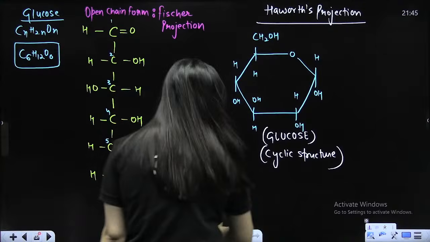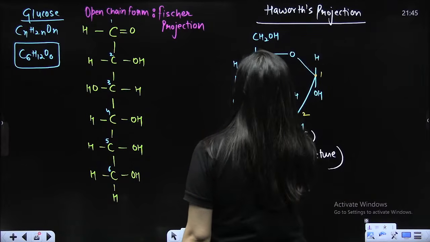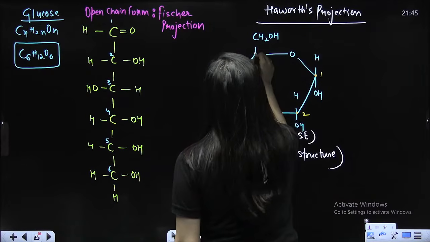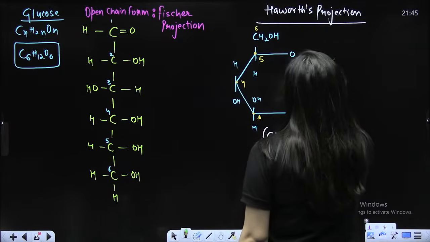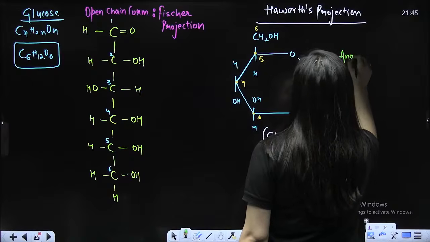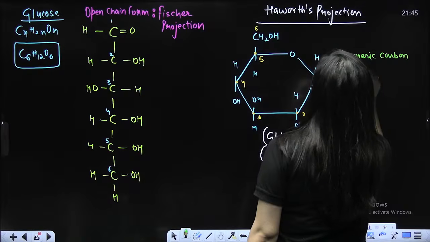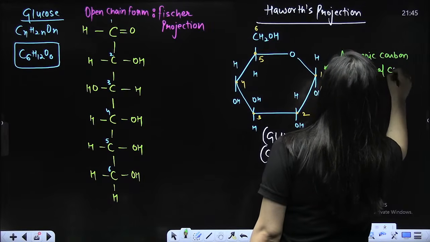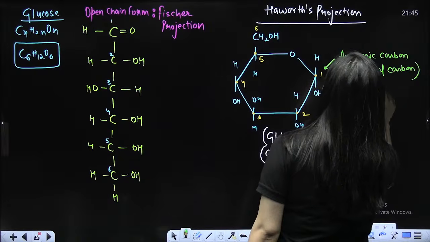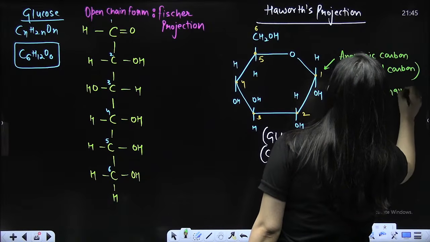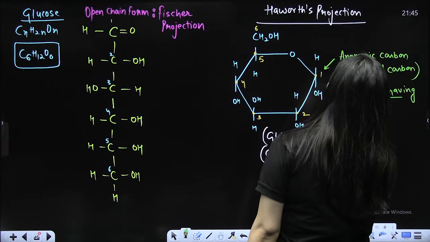And here in this case, this is going to be your carbon number 1, carbon number 2, carbon number 3, carbon number 4, carbon number 5, and carbon number 6. So this carbon is your anomeric carbon, or we can also call it chiral carbon, which is having different groups at all sides.